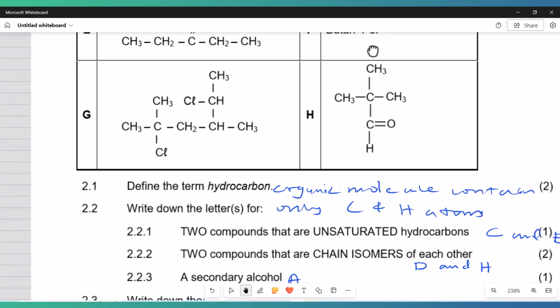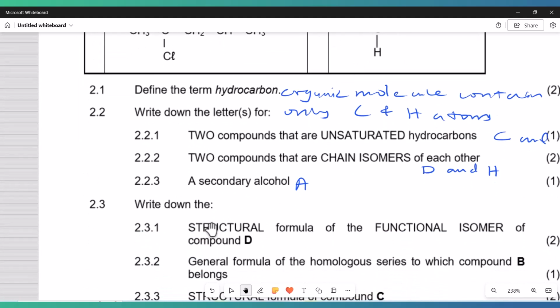Functional isomers are organic molecules with the same molecular formula, but different functional groups. And what we know from the theory is that aldehydes are functional isomers with the ketones. So, for that case, I'm going to get a ketone with the 5 carbon atoms, okay?